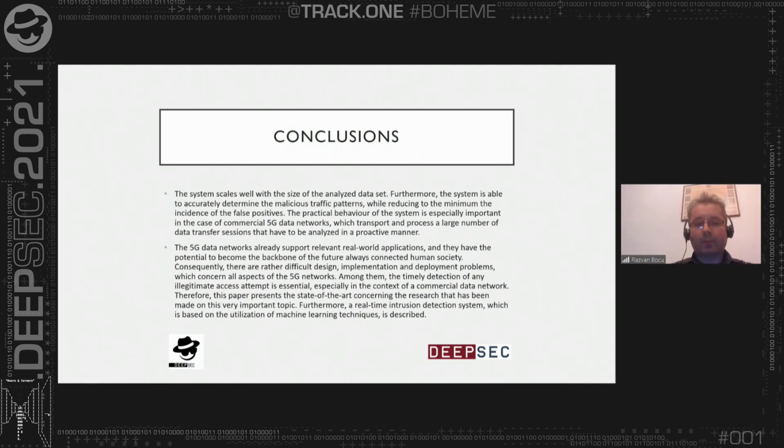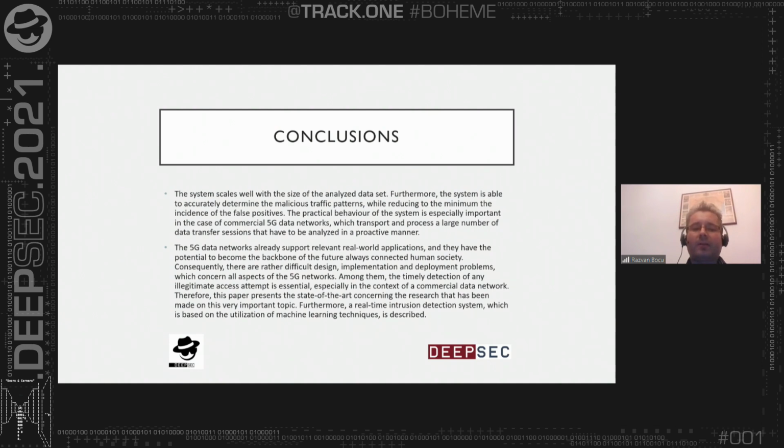As some conclusions that were extracted after the design, implementation, and the performance assessment process, we can mention that the system scales well, as we have already said, and it is also capable to properly detect the malicious traffic patterns while reducing to the minimum the incidence of false positives.